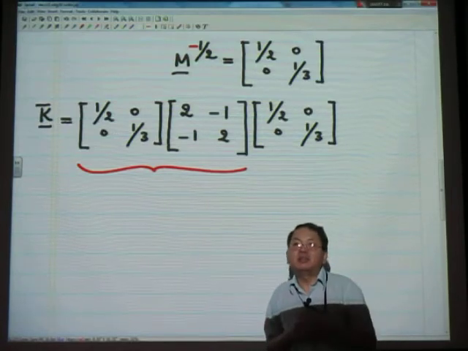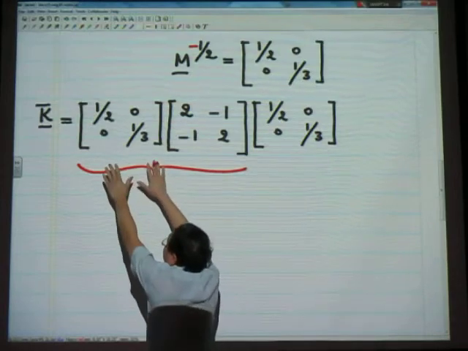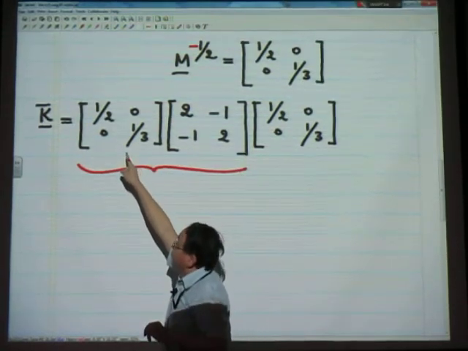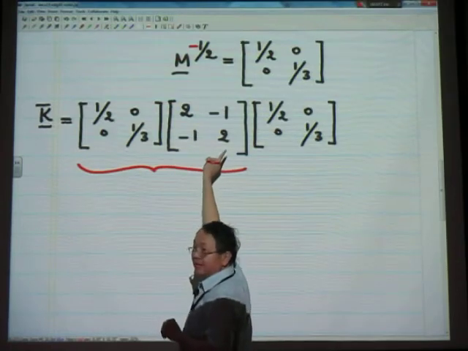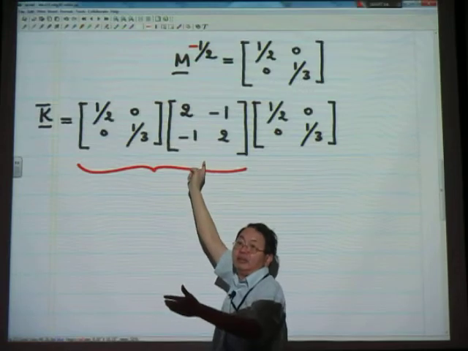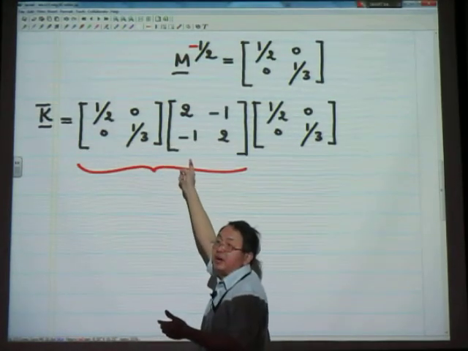That's what I just did at the beginning of this lecture. If you take a diagonal matrix times this matrix, it's like taking the first coefficient multiplied by the first row, and then taking the second diagonal coefficient multiplied by the second row.